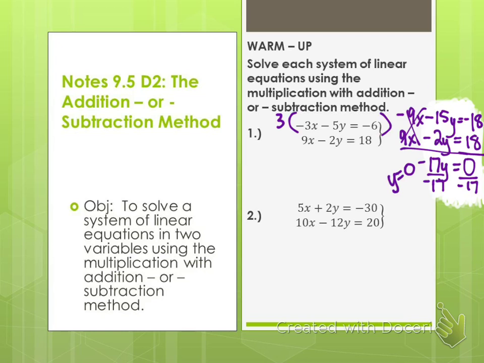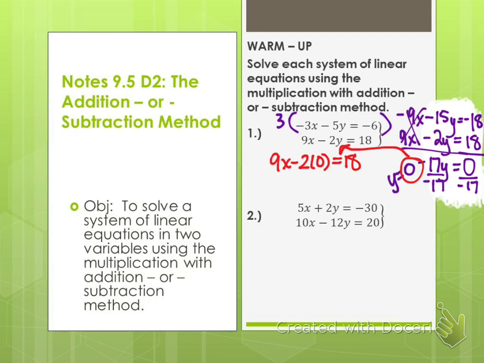We found y, but we still need to find x. So we're going to take that number for y and plug it back into one of our equations. You get to choose which one you use. I like to use the one that we haven't changed, so the bottom equation in this case. 9x minus 2 times 0 equals 18.